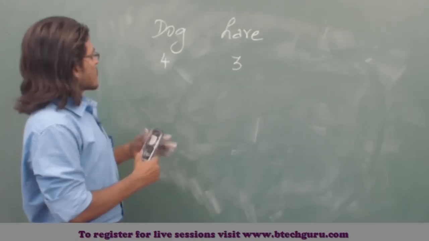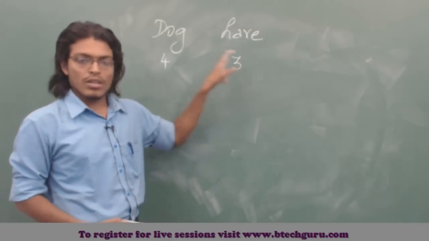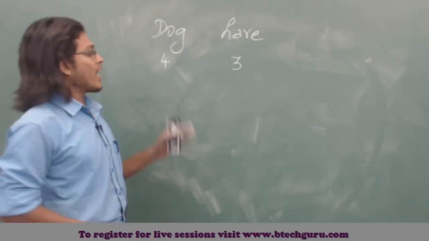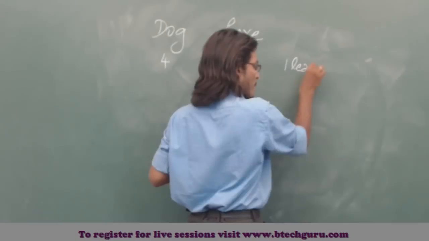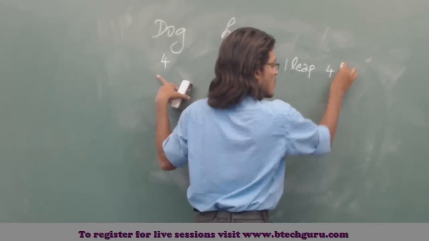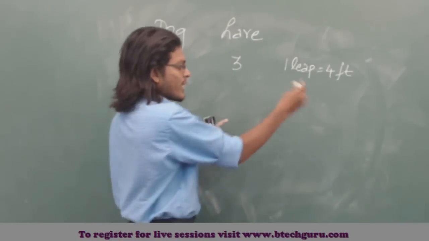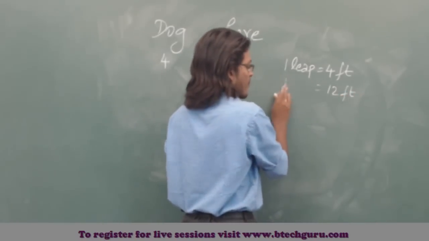But 3 leaps of the dog are equal to 4 leaps of the hare. For example, in 1 leap, the dog covers 4 feet, right? So 3 leaps of it is equal to 12 feet.